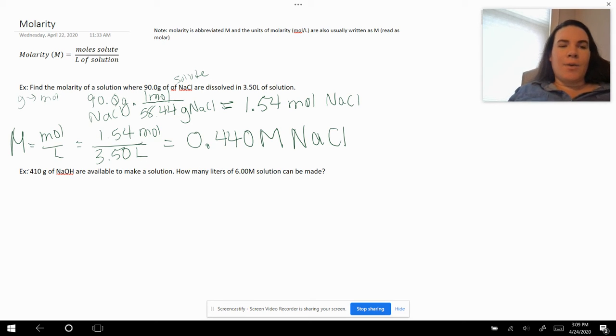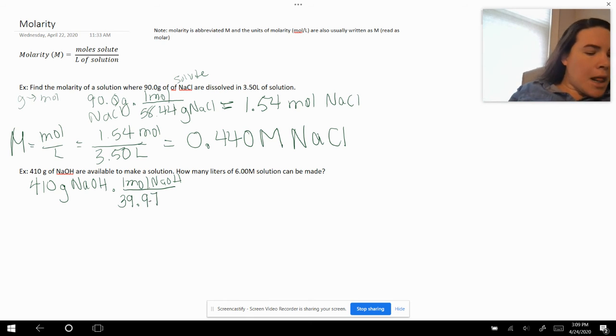Okay, so again, we're given grams because that's how we would weigh it out in a lab. So the first thing we need to do is convert this, which is our solute, into moles. So we got 410 grams of NaOH. Converting that to moles, the molar mass is about 40, 39.9997.